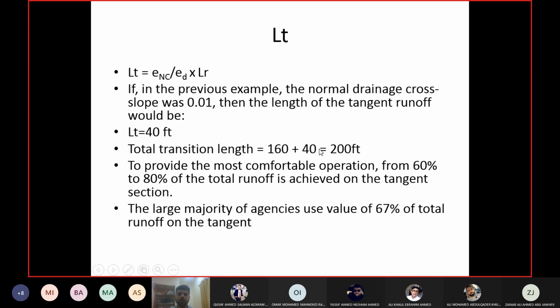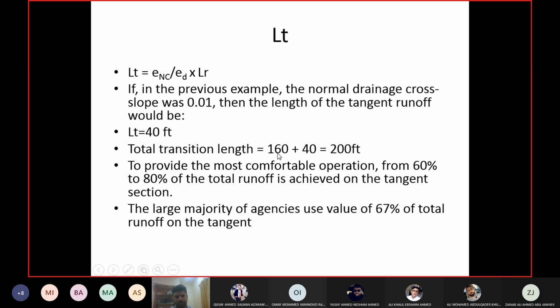Now for the comfortable operation of the vehicle, for the comfort of the driver, 60 to 80% of the super elevation runoff, the value of LR, should take place on the tangent.